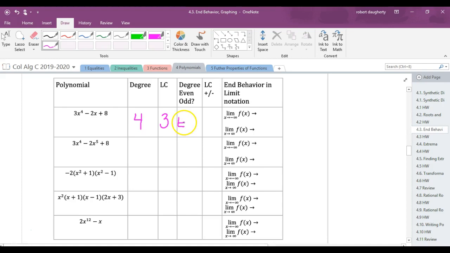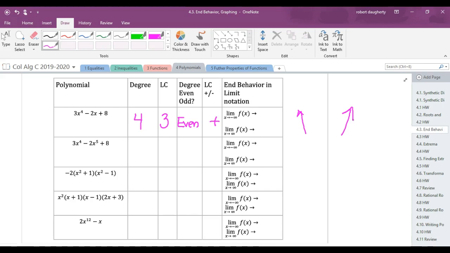It is an even degree. And that leading coefficient, is it positive or negative? Positive. So, what does this graph look like by show of hands? It's going to look like this, okay? So I know this graph is going to go up over here and up over here. I don't know what it does in the middle, but I know it looks like this on the endpoints.